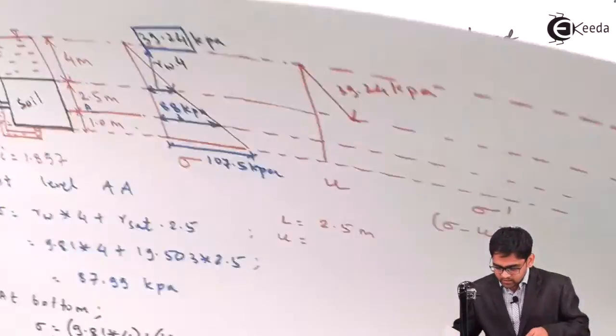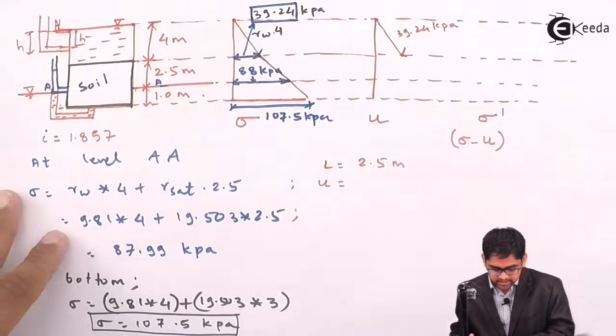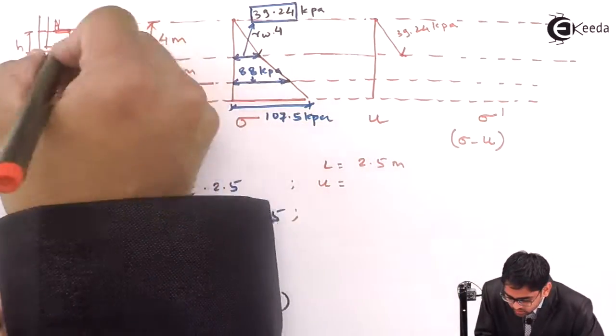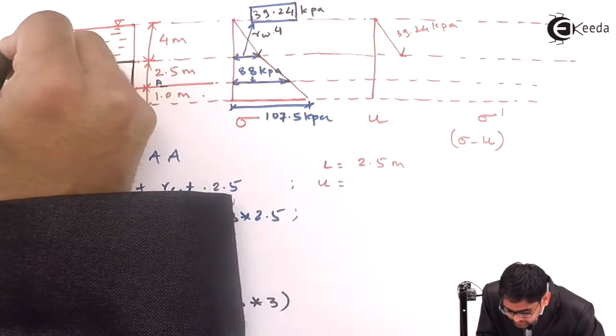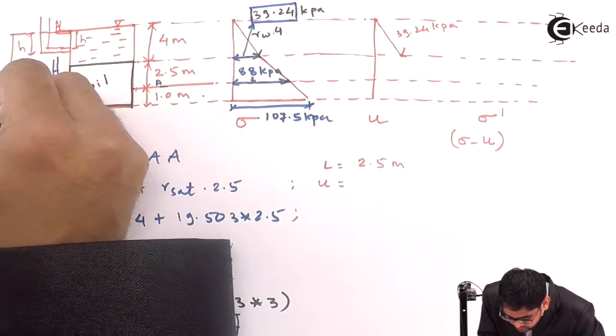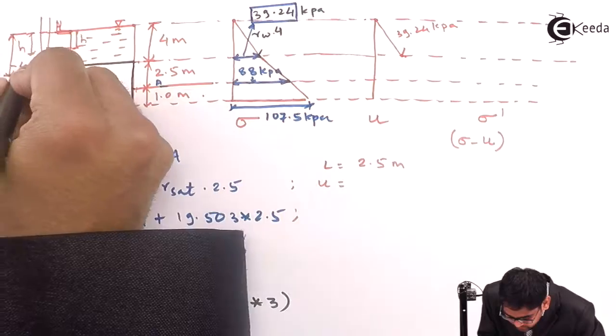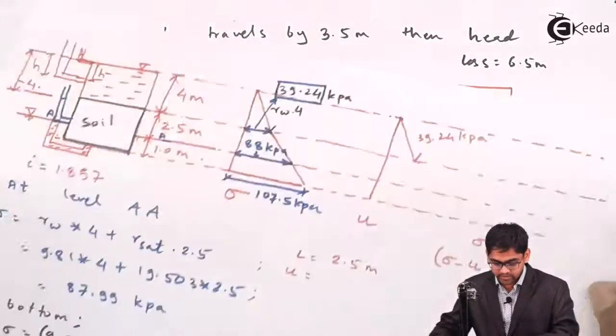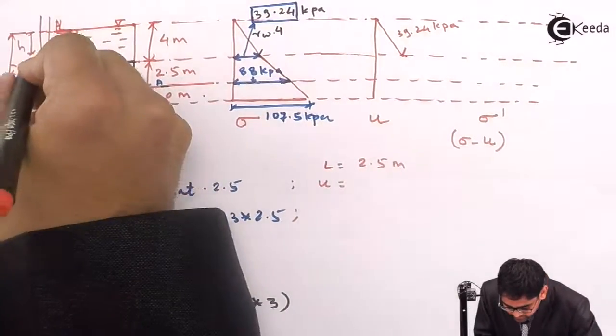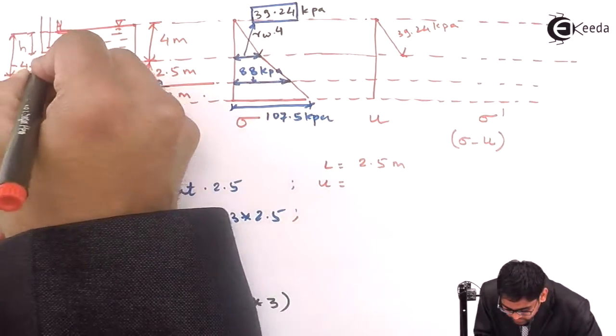So if I go back to the discussion, the head loss from this particular level to this level is 4.643 meter.